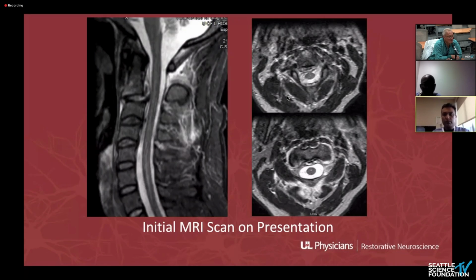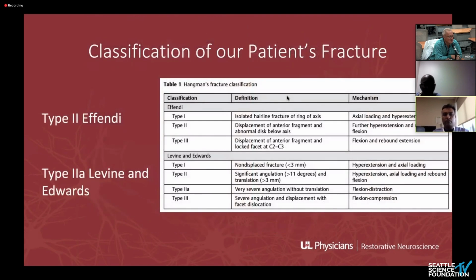Now, you made a very important distinction that this is a type 2A of the Levine classification, which would change things around a lot. Can you briefly just go over what makes this a 2A and what is so different about a 2A injury compared to the others? Thank you. Sure. So as mentioned in the chart, type 2A is severe angulation without translation.